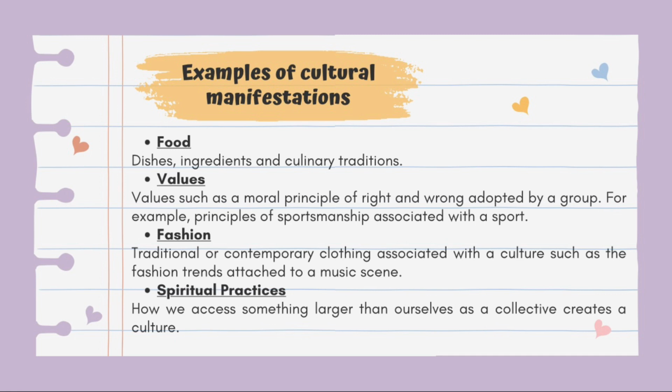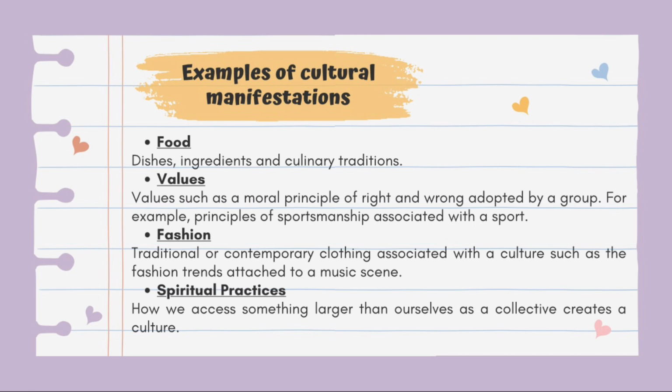The third is food, and in this case, it is about dishes, ingredients, and culinary traditions. The other cultural manifestation example is values. Values such as a moral principle of right and wrong adopted by a group.